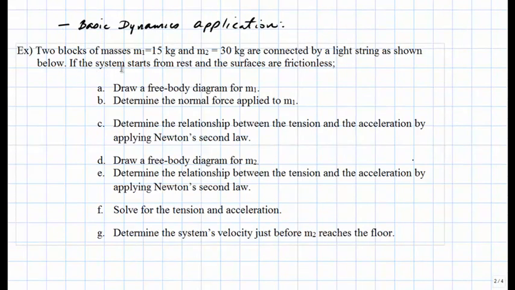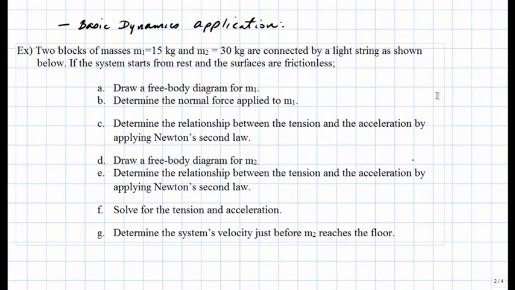In this example, two blocks of masses 15 and 30 kilograms are connected by light string as shown below. If the system starts from rest and the surfaces are frictionless, we'll begin by drawing a free body diagram for M1. We'll determine the normal force applied to M1. We'll determine the relationship between the tension and the acceleration by applying Newton's second law.